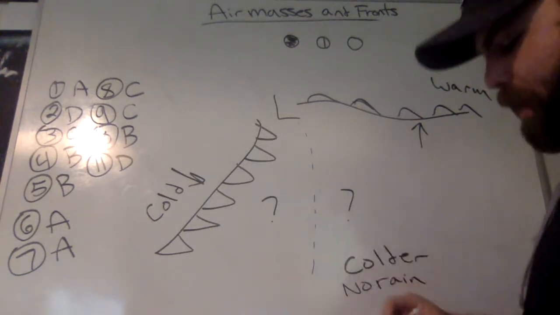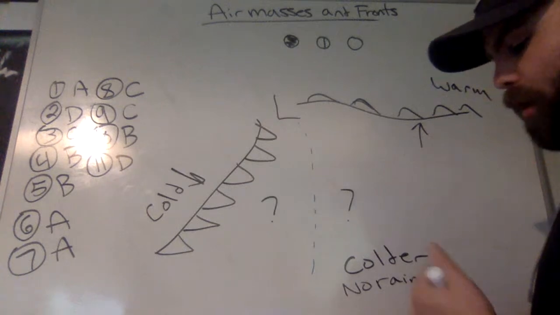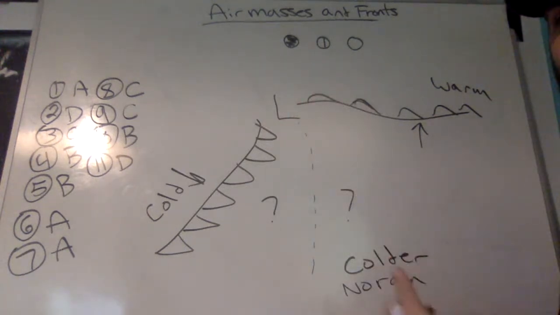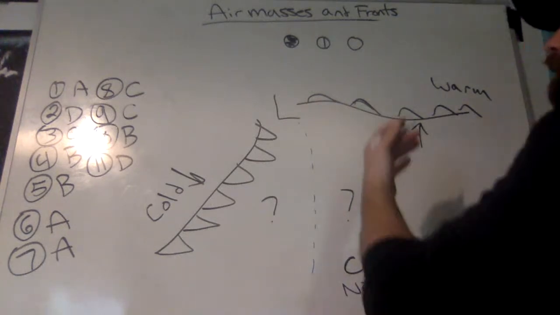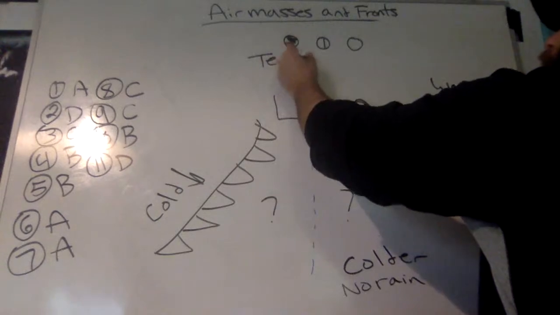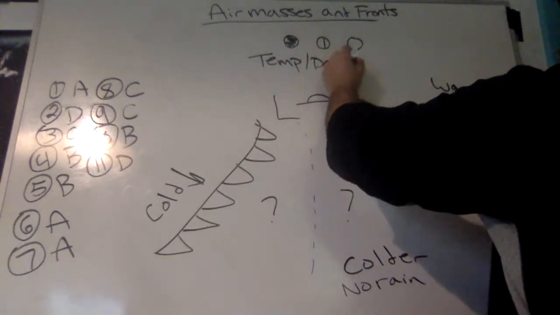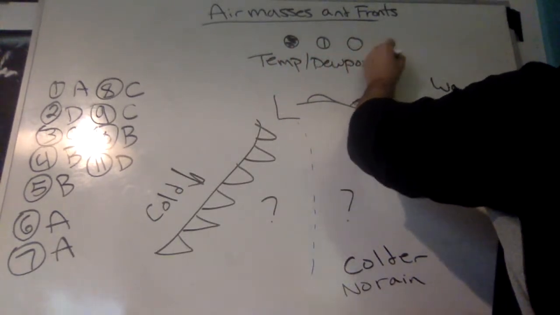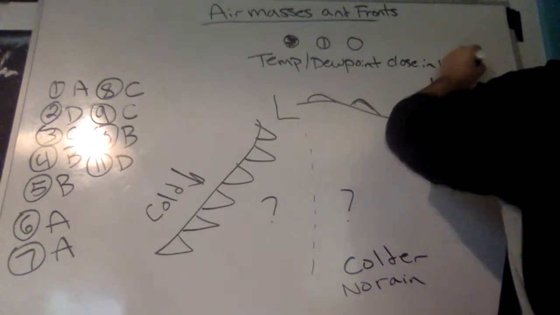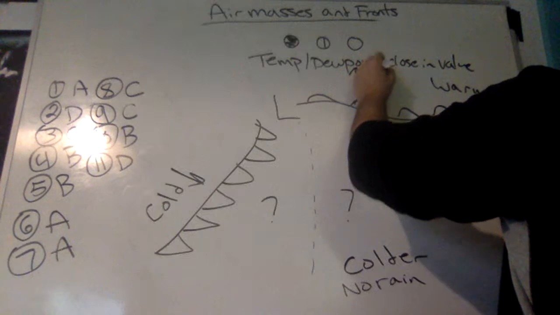And the other thing is, if you remember, the closer that the temperature and the dew point are together, the higher the humidity, okay? So if temperature and dew point are close in value, the greater the humidity.